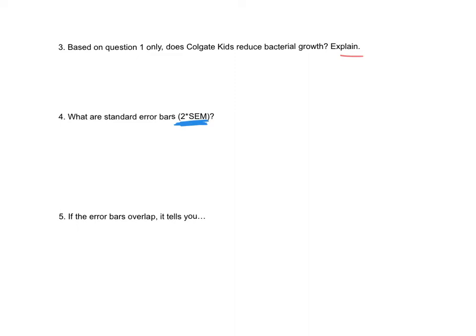So if I was looking at maybe 3 plates and one of them was 10% covered, one of them was 20% covered, and one of them was 30% covered, and I wanted to find the average, I would simply add those up and divide by 3. I would find that on average, my plates were 20% covered.